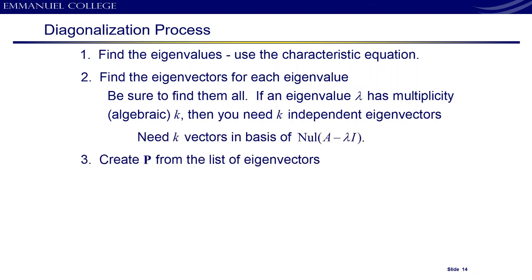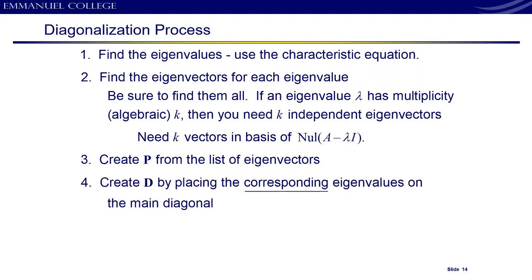Find P, that's just line up your eigenvectors. D is place the corresponding eigenvalues on the main diagonal. And that corresponding, again, is make sure if the eigenvector that came from lambda 1 is in the first column, make sure that eigenvalue 1 is in the first entry for the diagonal.